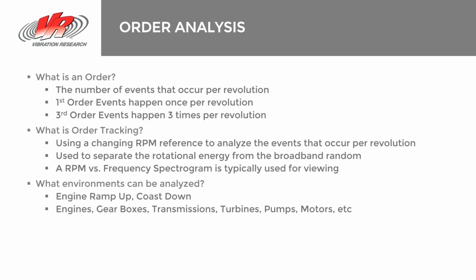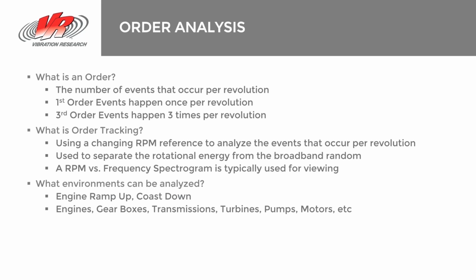Order tracking is a mechanism in software that allows us to utilize the RPM trace, the RPM data, as a reference, and shape tracking filters around the frequency of RPM and display that data appropriately and how data is changing based on the change of RPM.